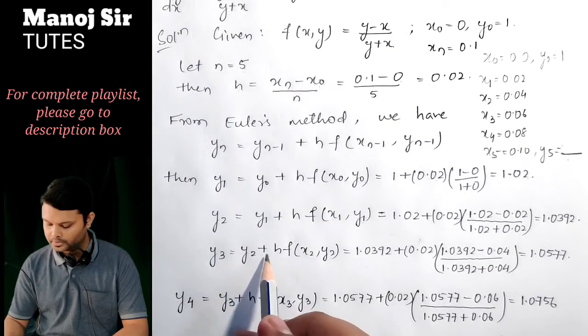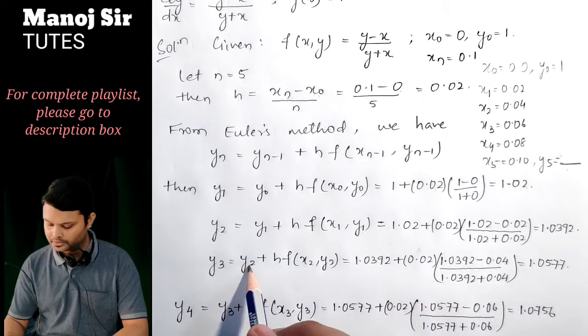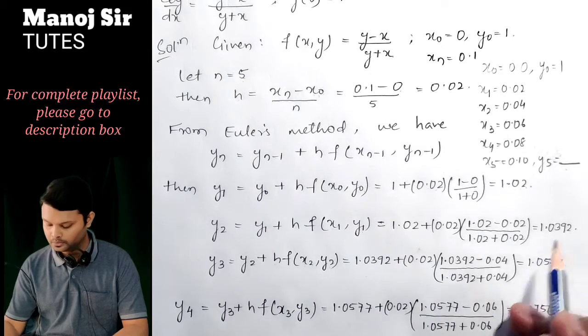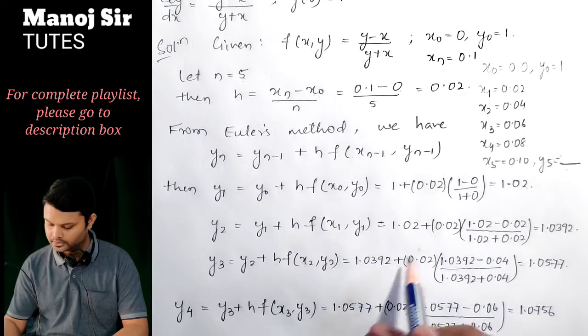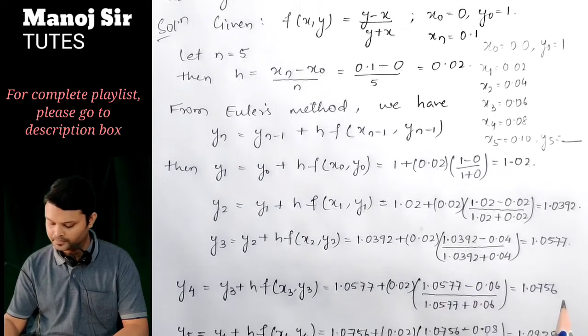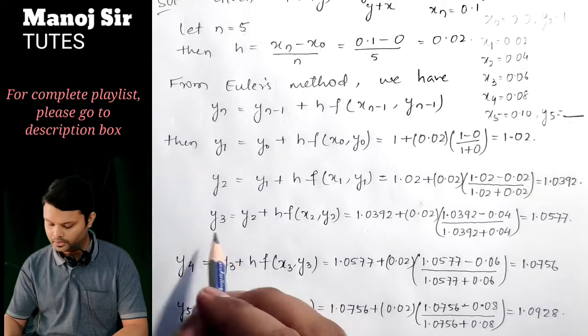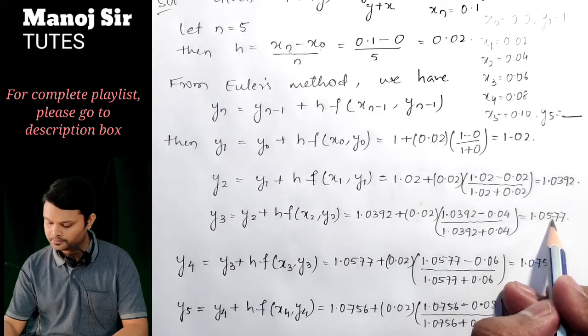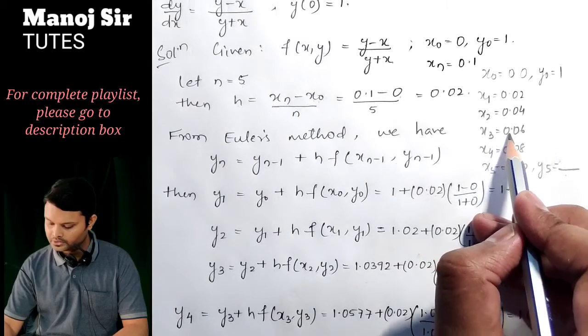Now again we will find y3. So y3 will be y2 plus h into f of x2 comma y2. What is the value of y2? That is 1.0392. What is the value of x2? That is 0.04. Now using these values you will get y3 equals 1.0577. Similarly, if we find y4, we need the value of y3 and x3. y3 is 1.0577, and x3 is 0.06.